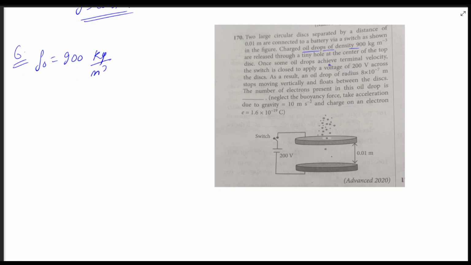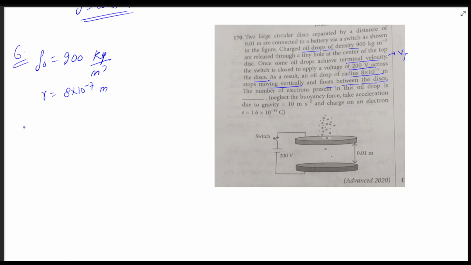Once the oil drop achieves terminal velocity, the switch is closed to apply 200 volts across the discs. Okay. As a result, the oil drop of radius 1.8 times 10 raised to power minus 7 meter stops moving vertically. So it stops, so there must be net force 0. It floats between the discs.